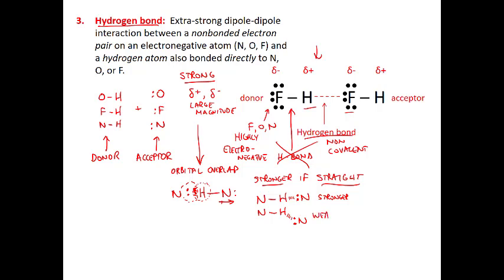That one is weaker. Why is that? Well, that's because of this orbital overlap factor that I just illustrated over here. In the case of the straight line hydrogen bond, we get this really good orbital overlap between our non-bonding pair and our hydrogen atom. In the case of a crooked or bent hydrogen bond, you get much less overlap.